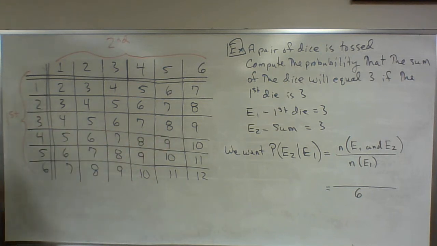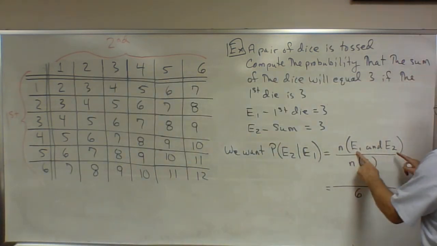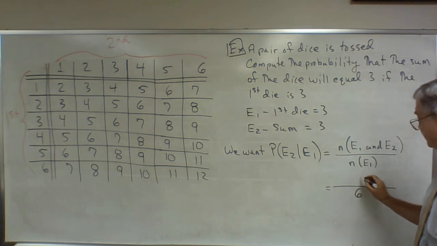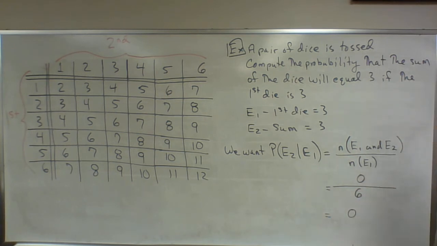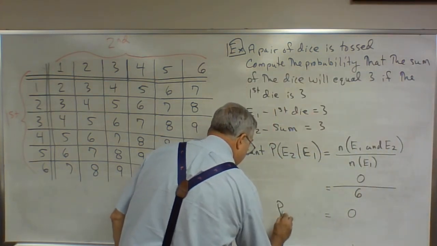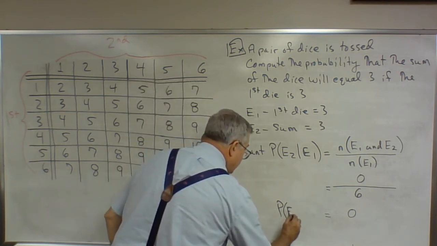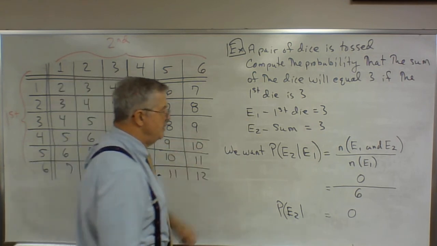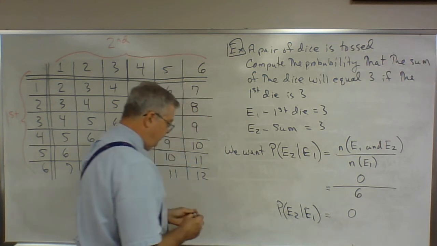No. So the number of ways that E1 and E2 can both happen is 0. So the probability that the sum will be 3, given that the first die, E1, is 3, equals 0.